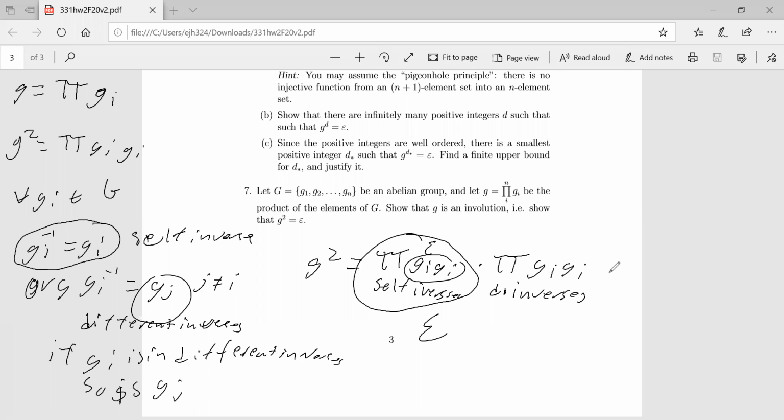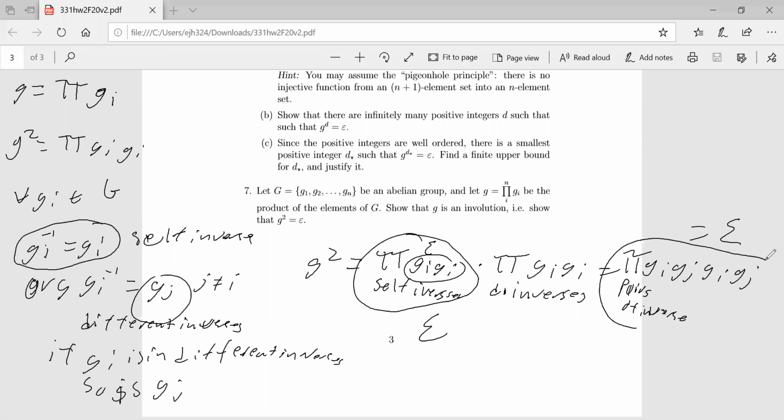So we can rewrite that as GI, GJ, GI, GJ for the product over pairs of inverses. And that is just going to be equal to the identity again. Does that make sense to people?